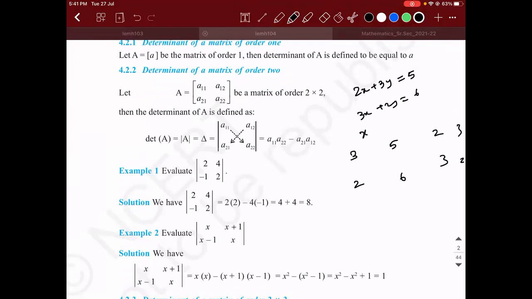And write x here, y here, and 1 here. Have you ever seen this kind of a method of solving? Yes, sir. We did this. Cross multiplication only, yes. So 15 minus 12, you do this, right, is equal to 1 divided by 4 minus 9, something like this you do, right?